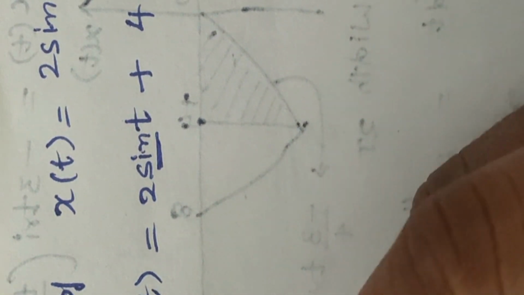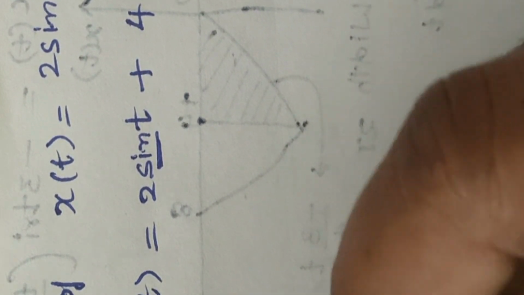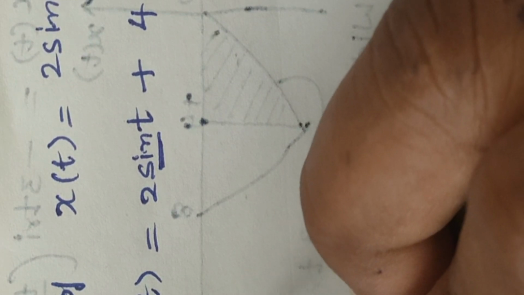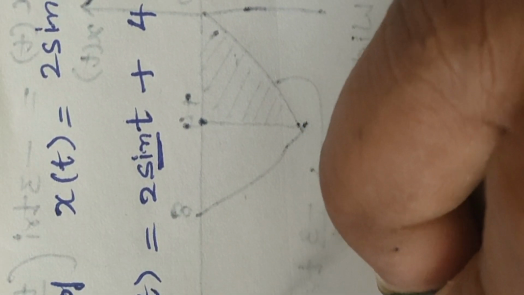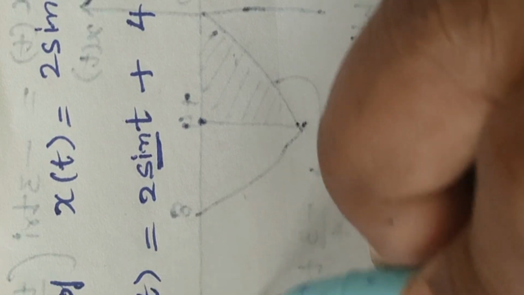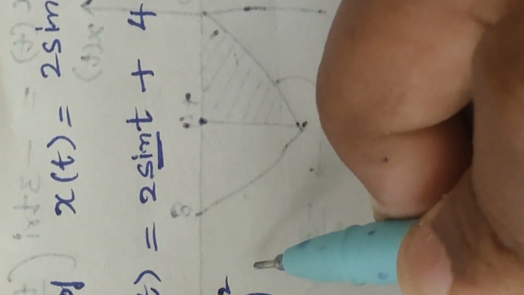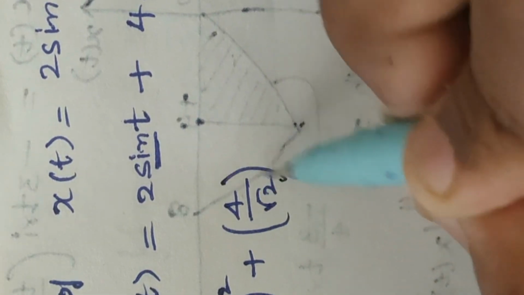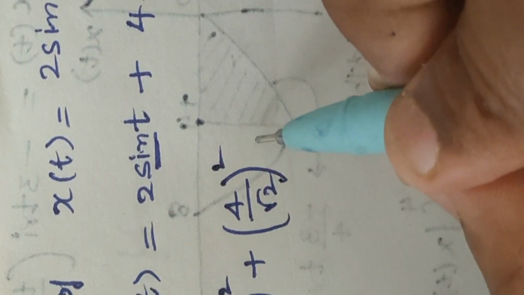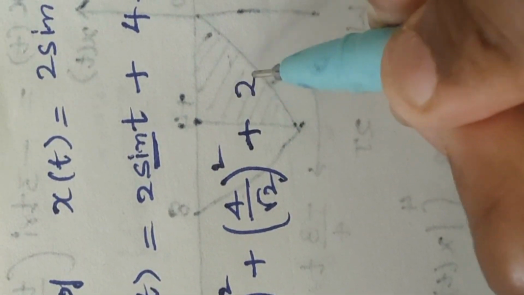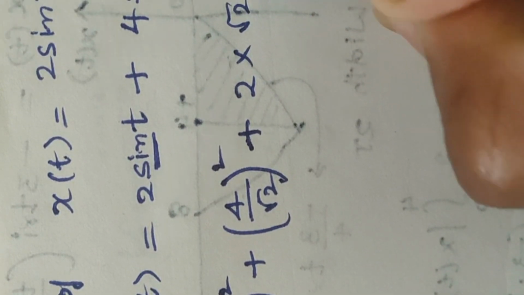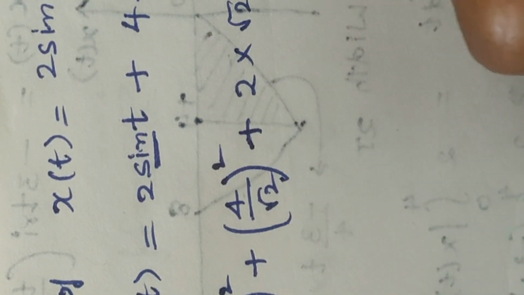So now the RMS value is under root of 2 by root 2 whole square plus 4 by root 2 whole square plus 2ab cos 30, where a is root 2 and b is 2 root 2.